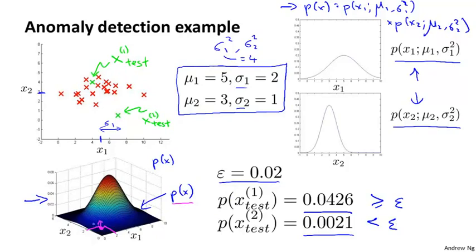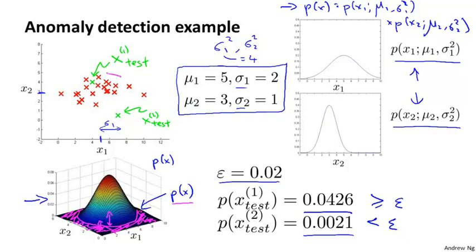And in fact, I didn't prove it here, but what this is really saying is that if you look at this 3D surface plot, all the values of x1 and x2 that have a high height above the surface correspond to a non-anomalous, or okay, or normal example, whereas all the points far out here have very low probability, and so we're going to flag those points as anomalous.